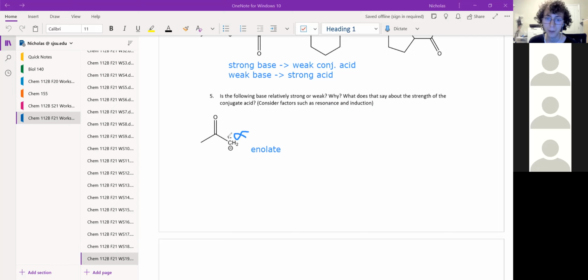Yeah, the lone pair right next to a double bond, you can show a resonance form by pushing it towards the double bond. And this is a concept from 112A that the more resonance forms a structure has, the more stable it is. So that's what you were getting at, which is correct.